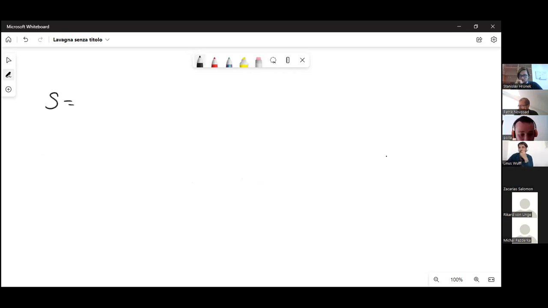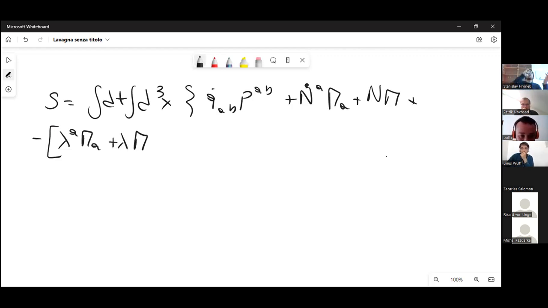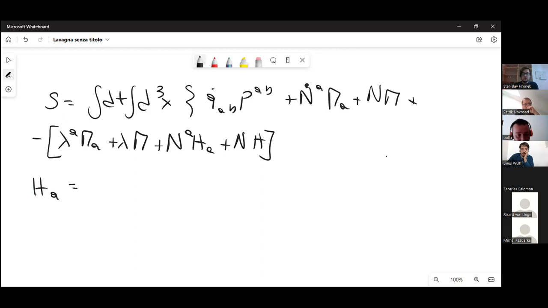We have that the action here will be this integral of dt d3x of Q prime AB P AB plus N prime A pi A plus N pi, minus lambda A pi A plus lambda pi, the same thing, I don't want to do that, plus N A H A plus N H, where H A equals minus 2 Q AC D B. Why do you have an N A dot but not an N dot in the first line? Oh, sorry. Thank you.